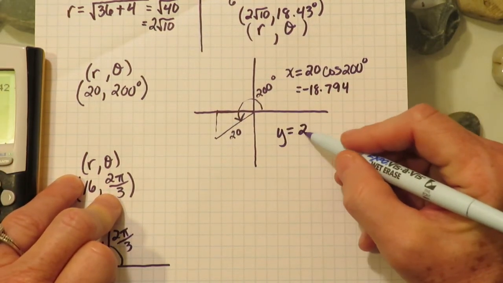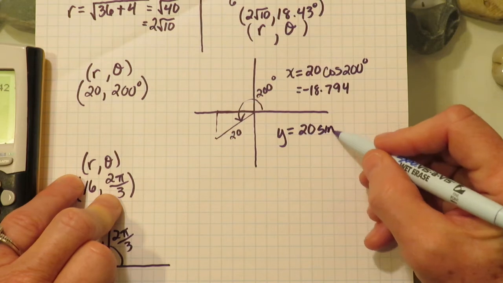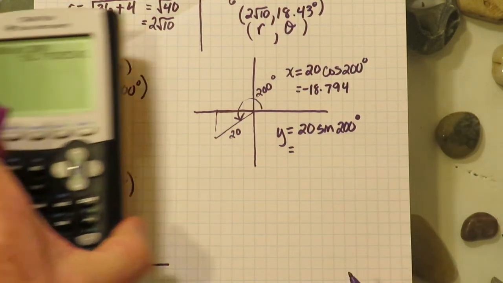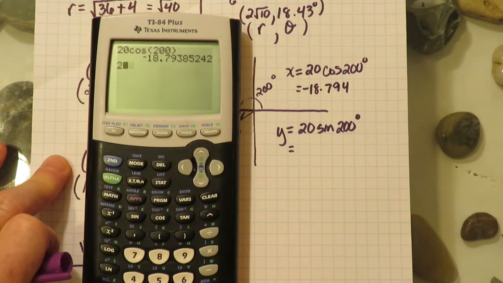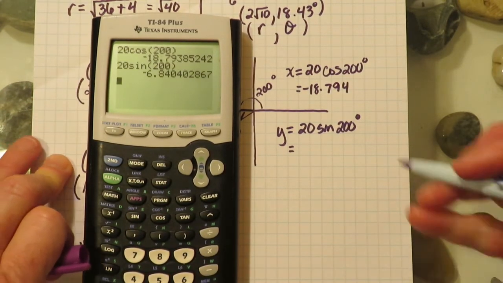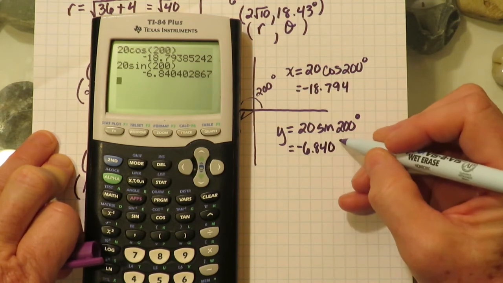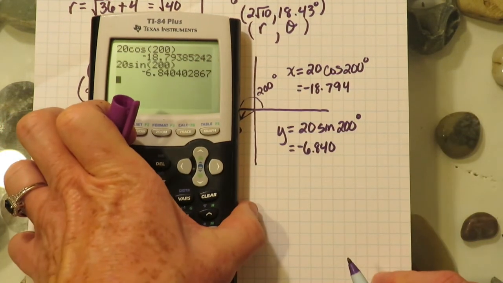Y is equal to the radius times sine of my angle. So y will be approximately 20 times sine of 200, negative 6.840 is my y coordinate.